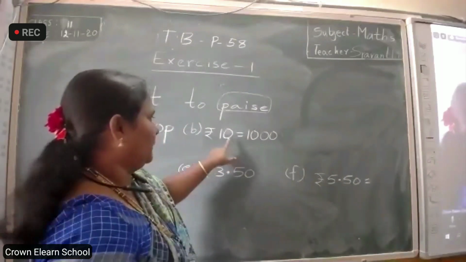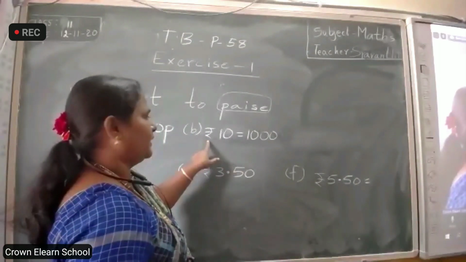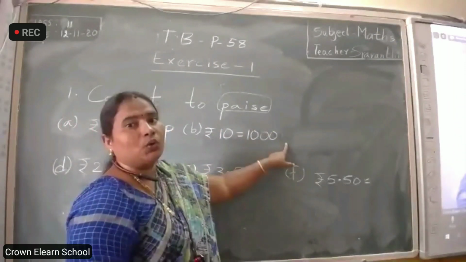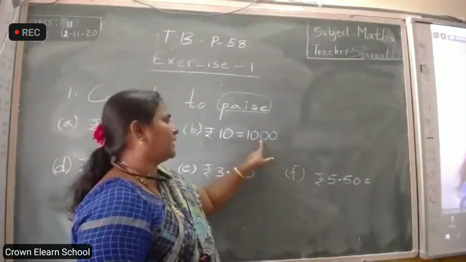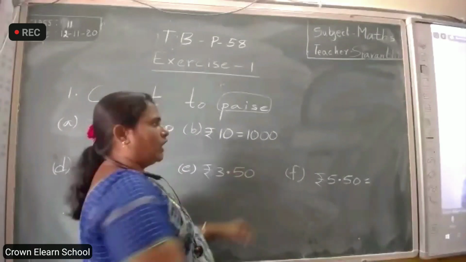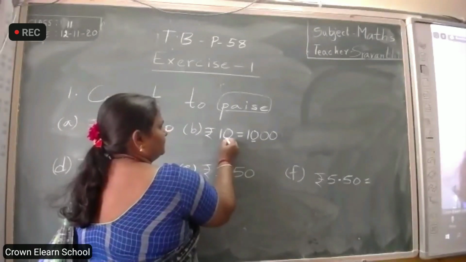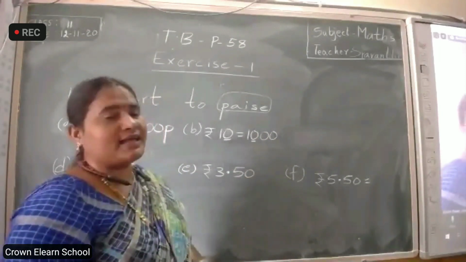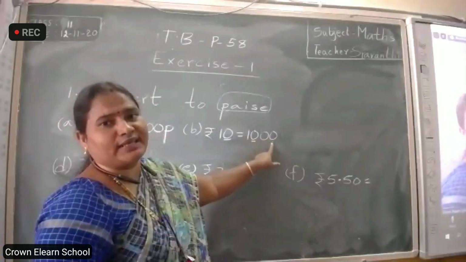So when we convert 10 rupees into paise, we get 1000. See, 3 zeros: already 10 has 1 zero, and we have now put 2 more zeros. The answer we got is 1000.